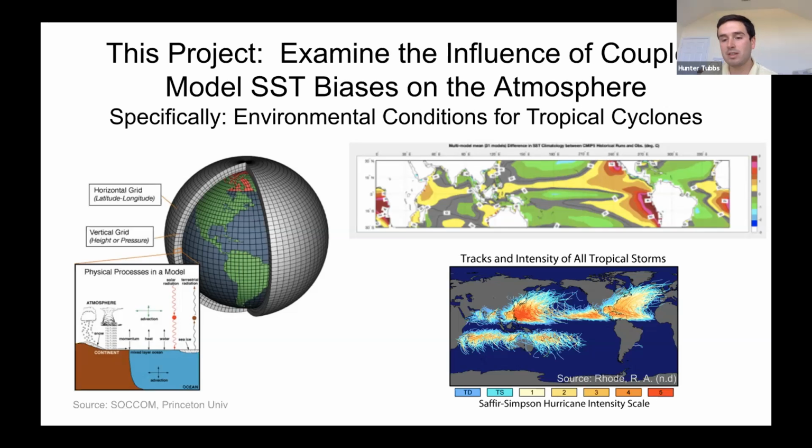And there are even localized areas right along the coastlines, where upwelling tends to occur, of 4 degrees centigrade. Regions of upwelling are known to be particularly troublesome for models of this sort.